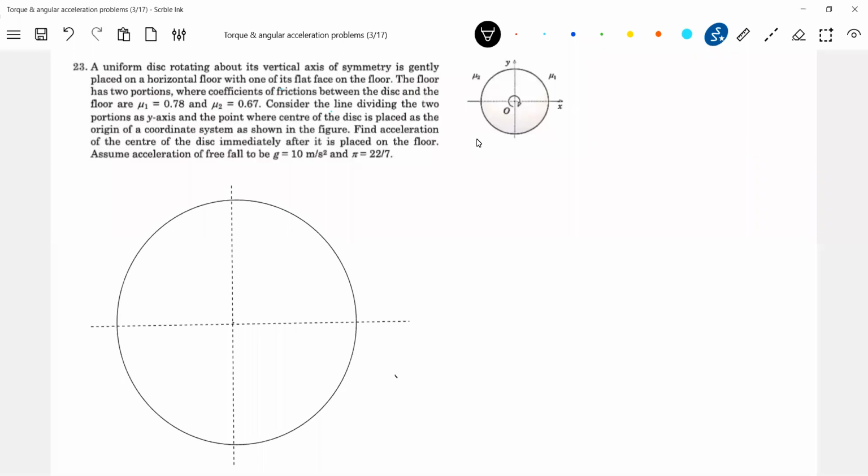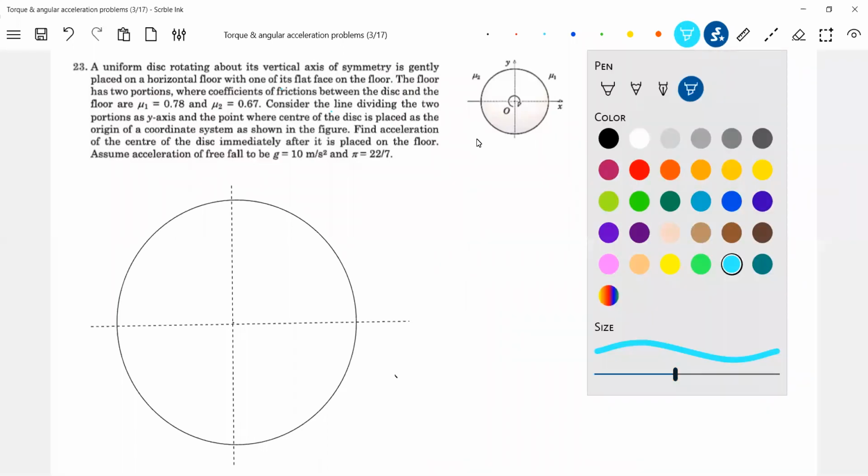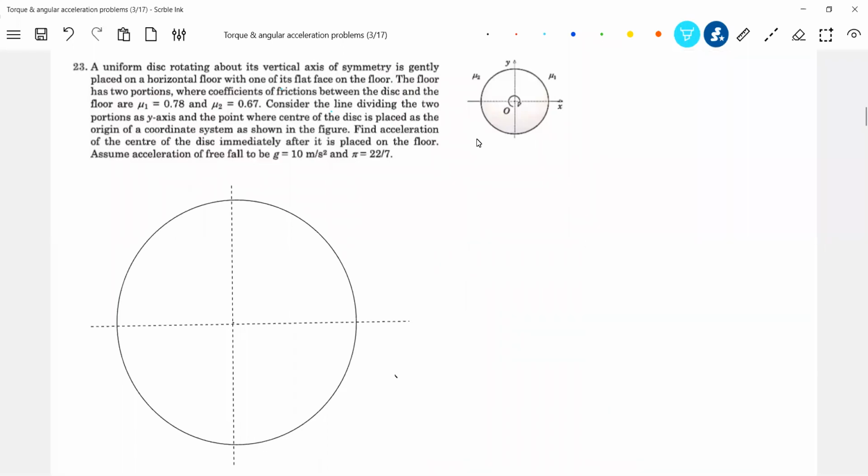I'll assume, let me assume a strip. A circular strip, I'll assume it. Some rough diagram, not at the middle. Try to see this.